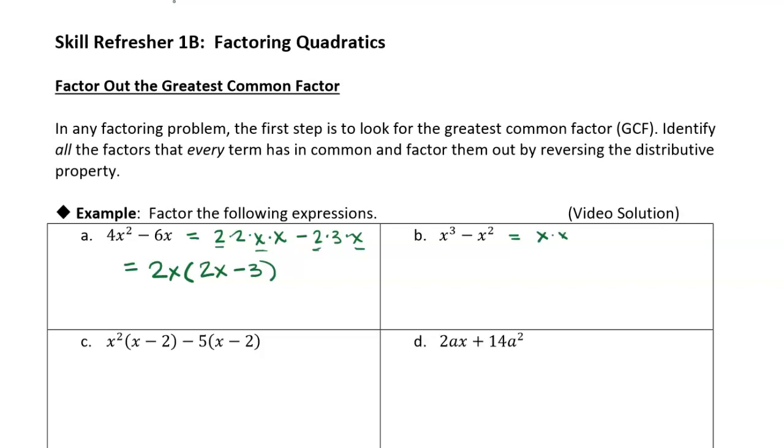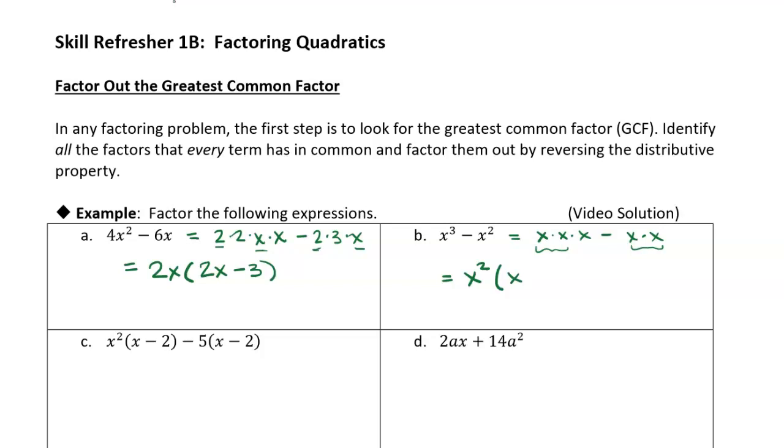So x cubed is x times x times x, and then minus x times x. So we have two terms, and you can see that there's a common factor of x times x. So I'm going to factor out an x squared, and then see what I have left. If I factor out an x squared, the first term just becomes x.